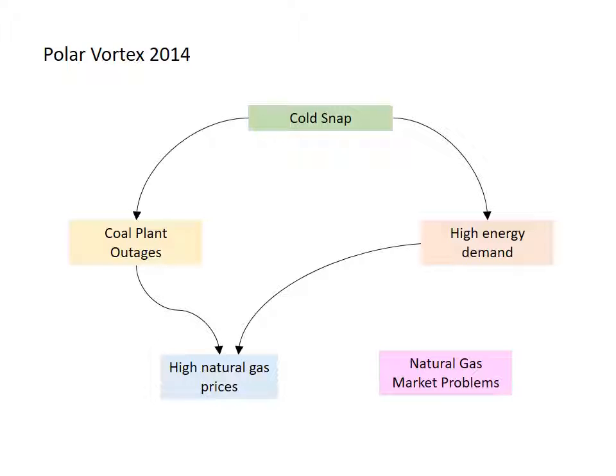Both of those increased demand for natural gas prices. And then you had some institutional problems as well, in the way that natural gas prices and markets were functioning. And so high natural gas prices here then sort of fed back into wholesale electricity markets. We had this dramatic spike in electricity prices.